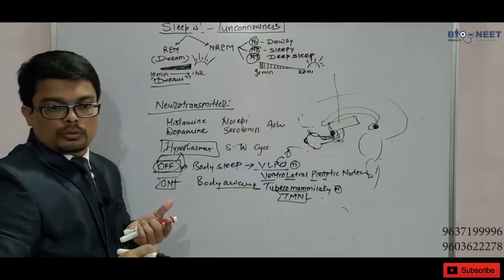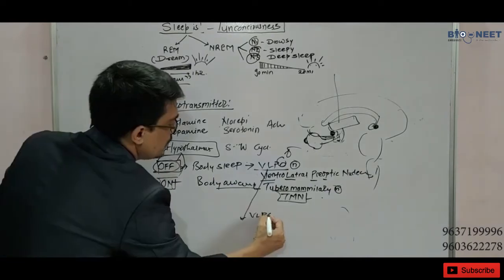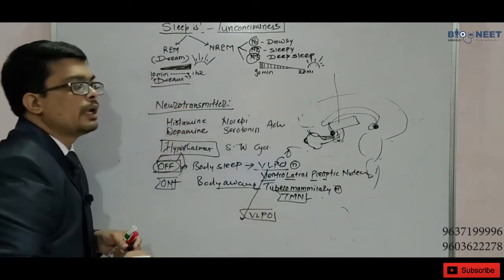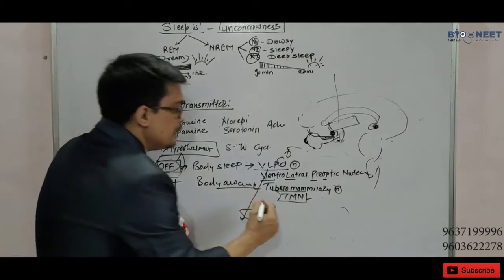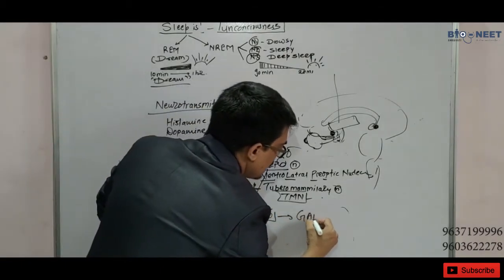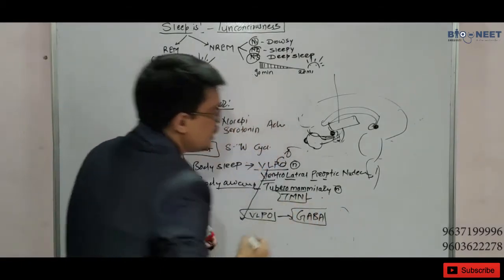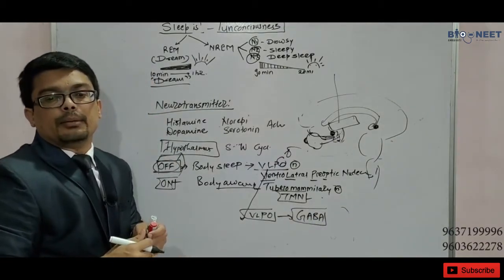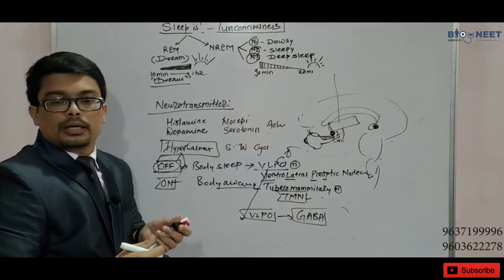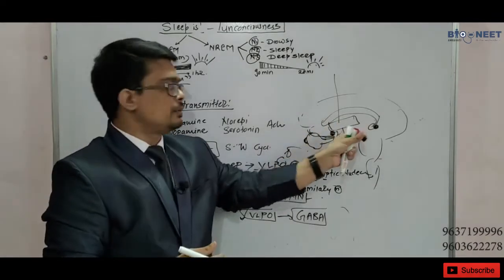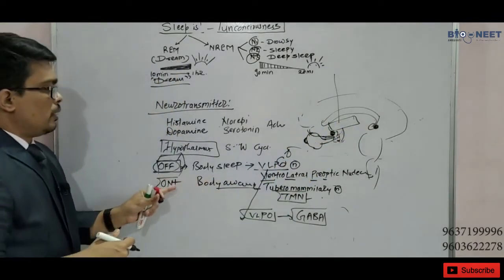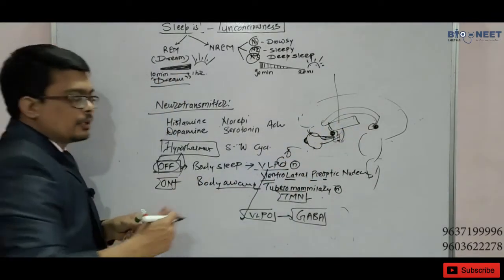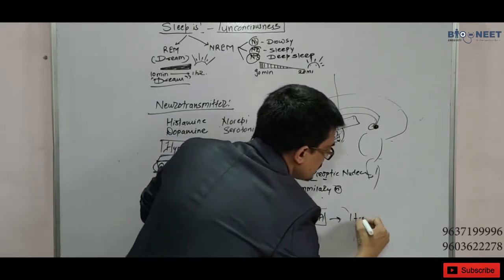Now how? We are not going in deep. The VLPO, the ventrolateral preoptic nucleus, releases GABA. This GABA acts on the TMN center, which releases histamine.